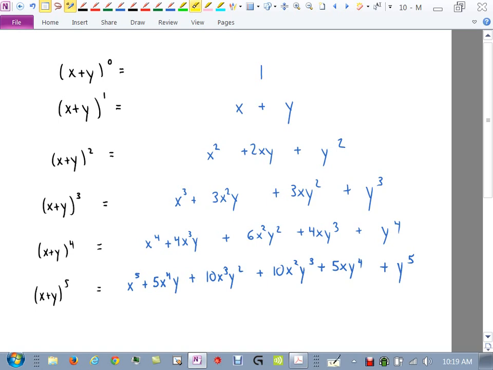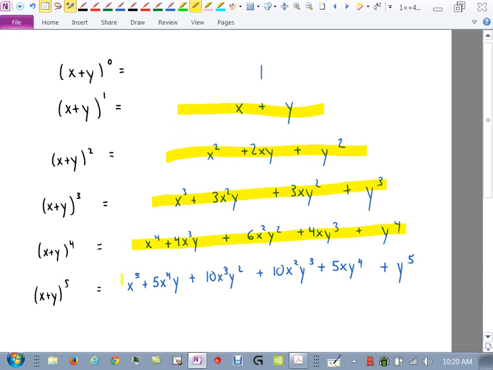Okay, the powers are going up as we go down the rows, that is a pattern. There are a lot of patterns in this. But look at each row. Do you see a pattern in each row? And focus on the variables. Look at the x's in each row as you move from left to right.